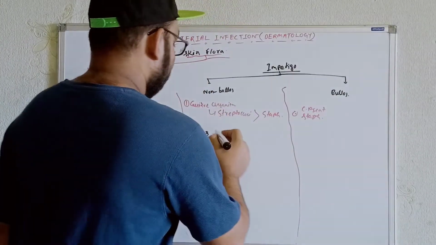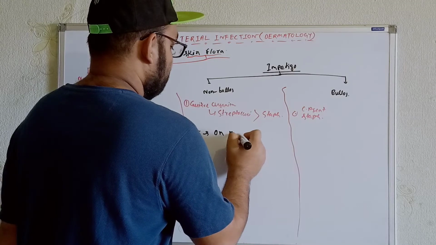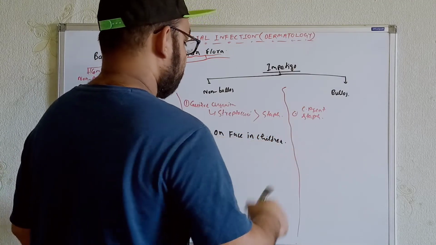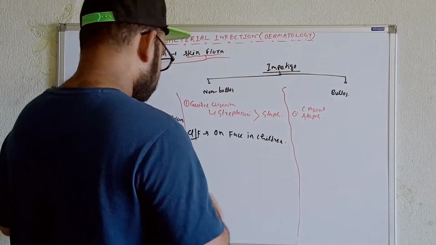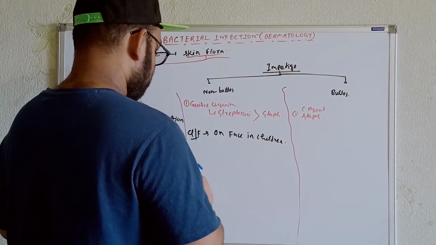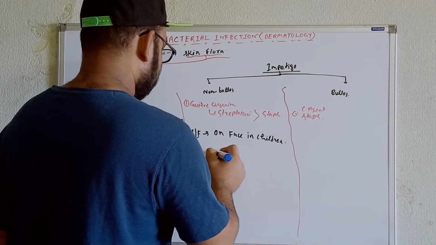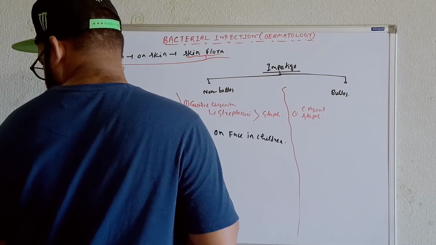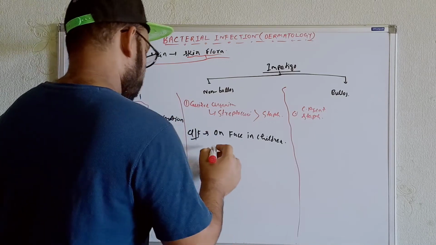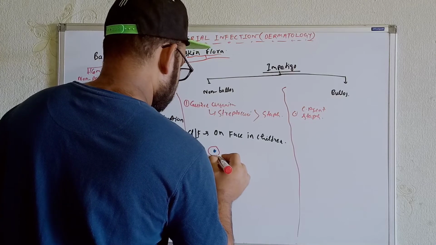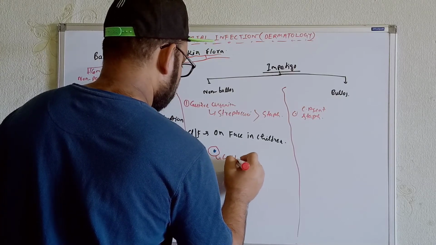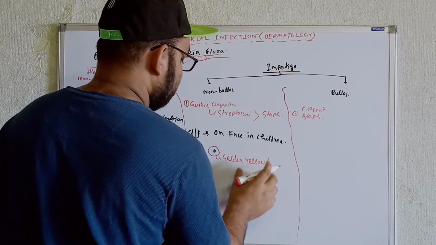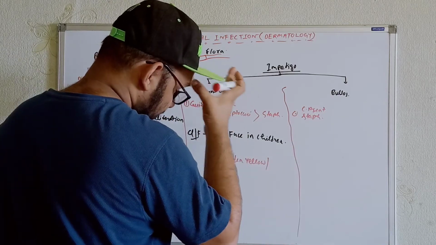So, on the face, in children, for example, we are getting lesions over here, and around these we'll get the golden yellow, or you can say the honey color.